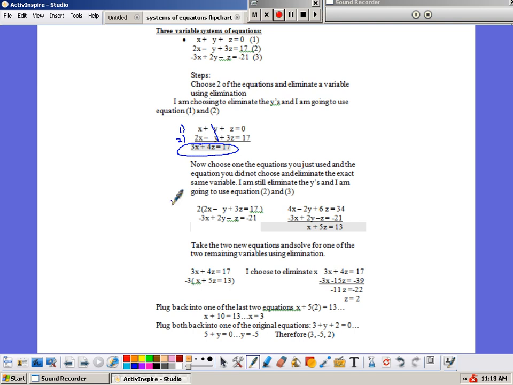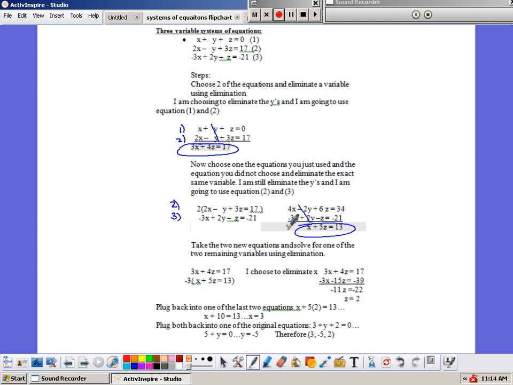Then I write down equation 2 and 3. I could write down 1 and 3, but I just do 2 and 3 to keep everything consistent. If you want to do 1 and 3, that's fine. I have to eliminate the exact same letter, so the y's have to go. I got it so that I multiplied the first equation by 2 to get the y's to go, and this is my second hold equation.